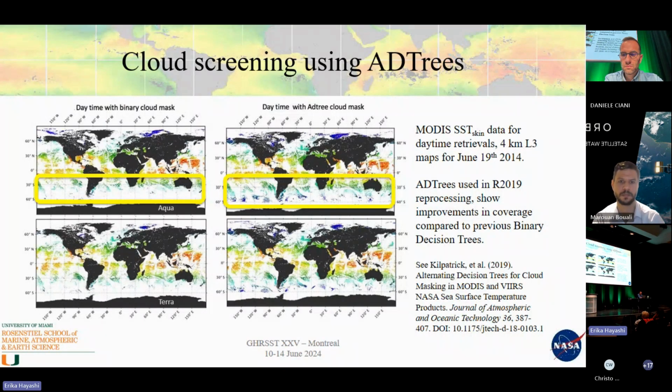And it shows that here in the Southern Ocean, and this is in June, so this is the Southern Ocean winter, we get much more coverage. And another example is the Mediterranean, which had lots of gaps before and is largely filled in.